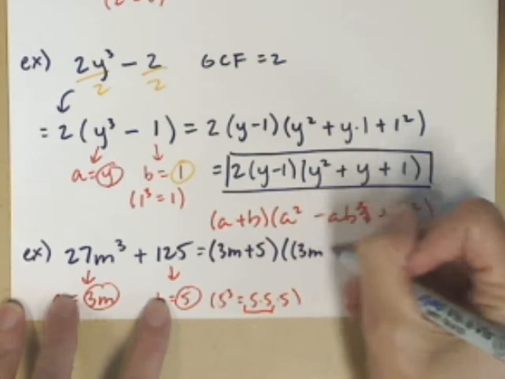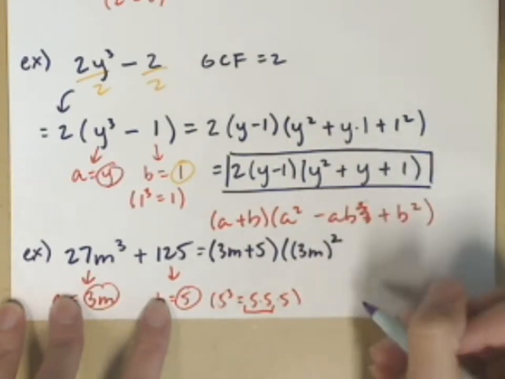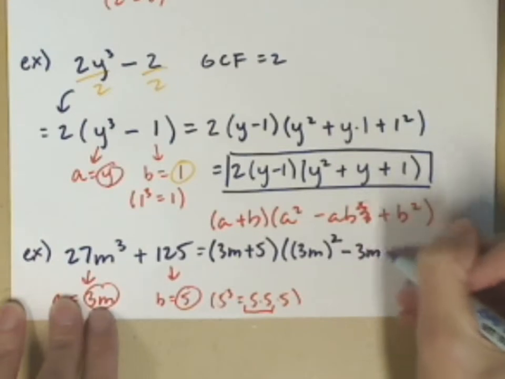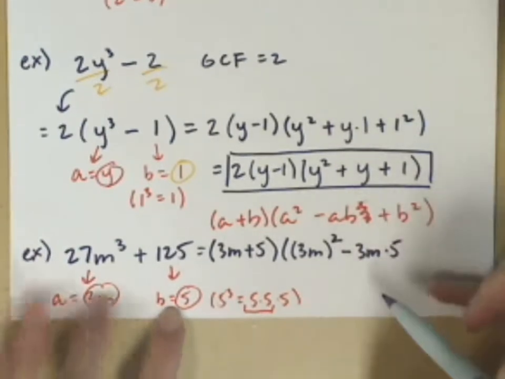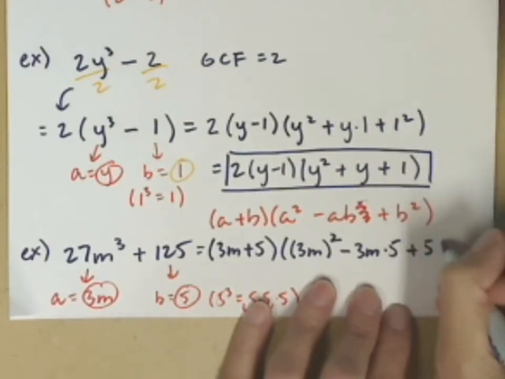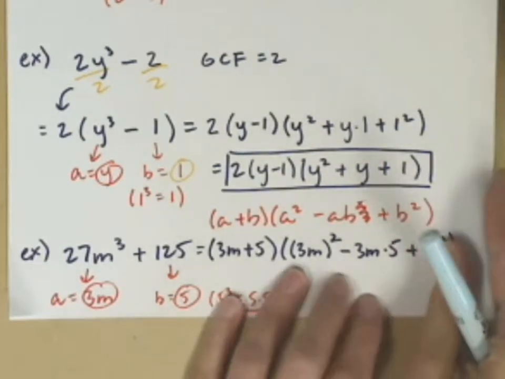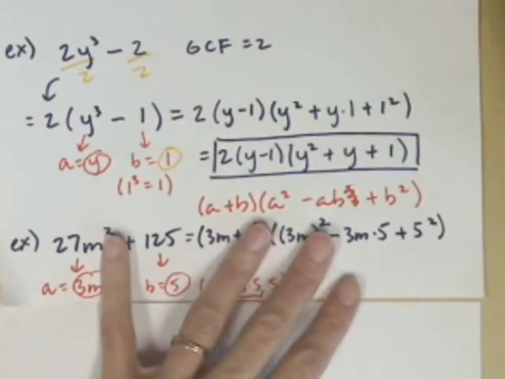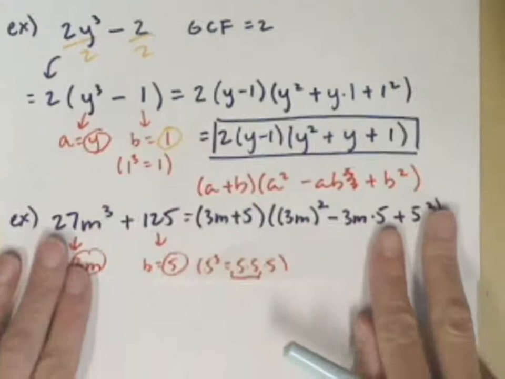For right now, I'm going to write it this way, 3m quantity squared minus a times b, so minus 3m times 5, and then on the end, plus 5 squared. I'm going to clean this up on a separate piece of paper because I'm almost out of room.